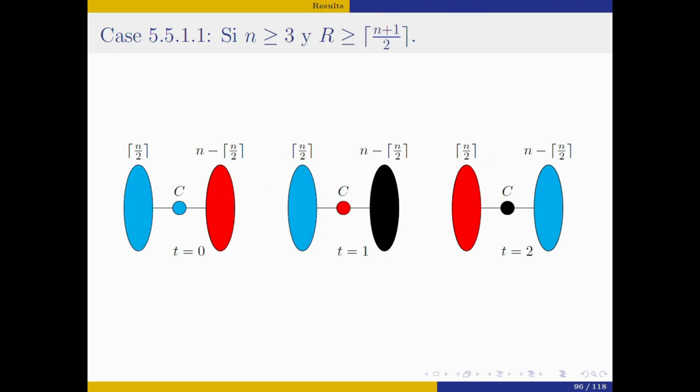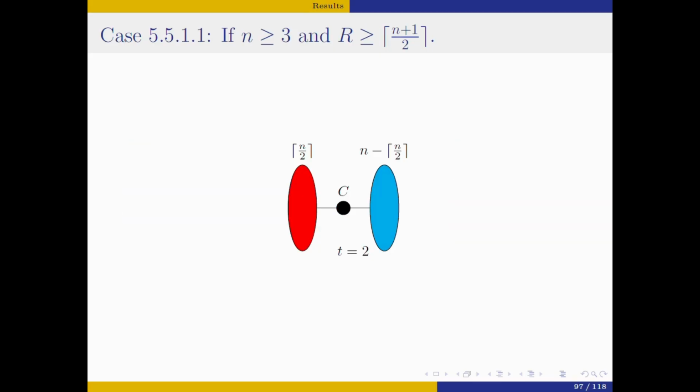In the second time step, the center will become dead, the vertices that were dead will become healthy since they only had one infected neighbor, and those that were healthy will become infected since they had at least one infected neighbor, which was the center. Let's look more closely at stage 2.